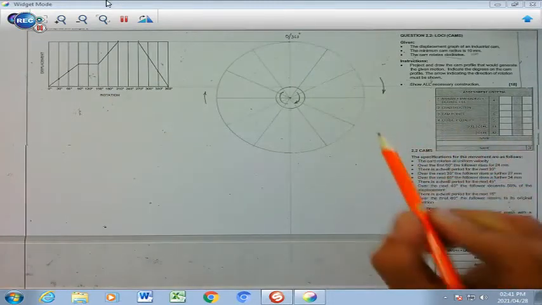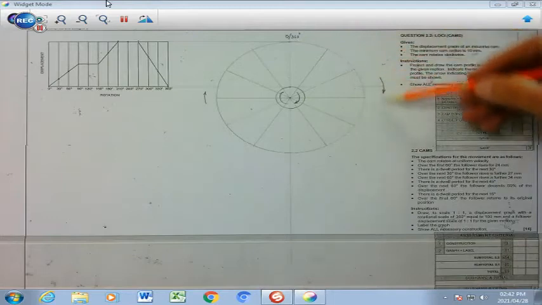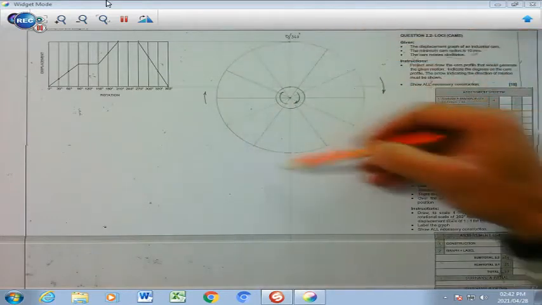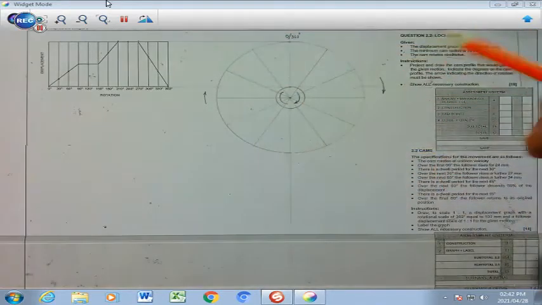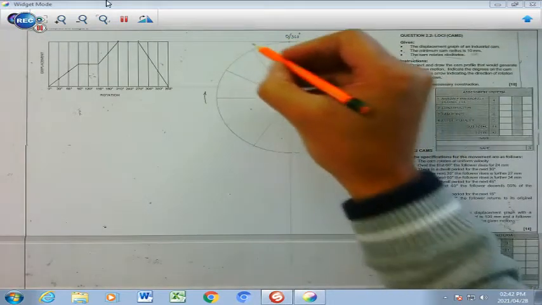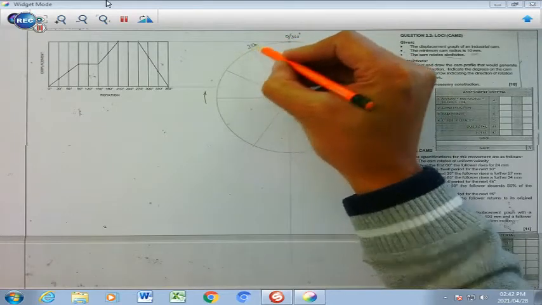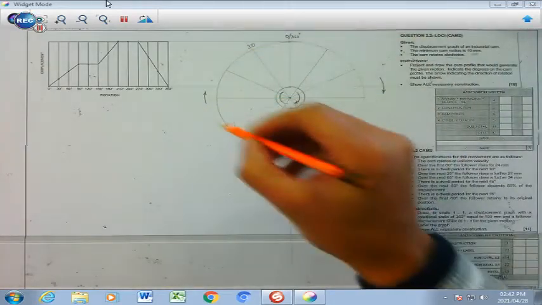But this very important fact, you need to understand that if it says that it will rotate in a clockwise direction, you have to label this in an anti-clockwise direction, meaning that you're going to start 0 there, 30 on this side, and you go counterclockwise to the arrow.